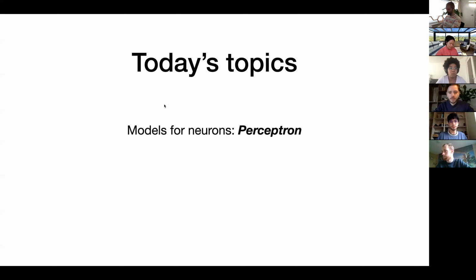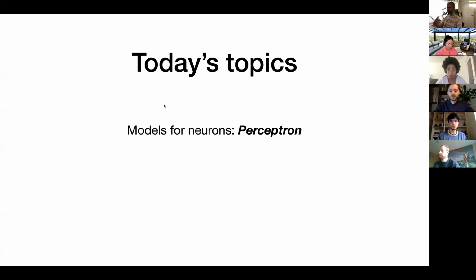So what I'm going to do for today's lecture is go into what biological neurons are doing, and specifically focus on the function that biological neurons implement that the perceptron also implements. I do want to highlight that we have biological neurons and artificial neurons, and that biological neurons are much more complex than our models.